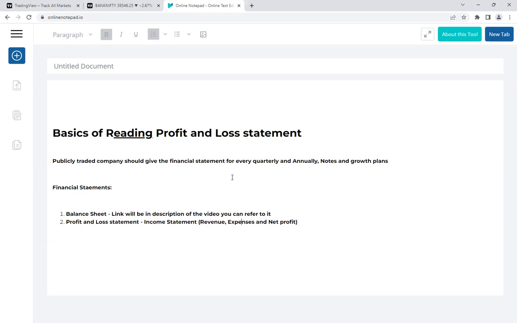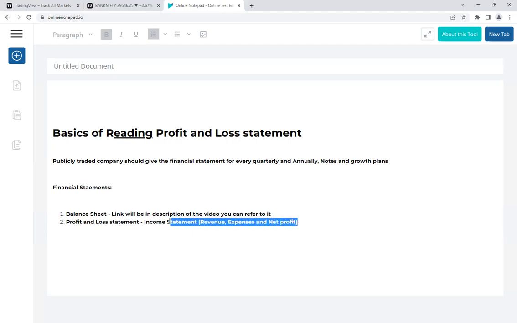They can increase the revenue and bring the expenses down, and eventually they will increase the net profit. A company which is growing its profits on an annual or quarterly basis is referred to as a good, well-performing company, when its ability to generate money is also very good.